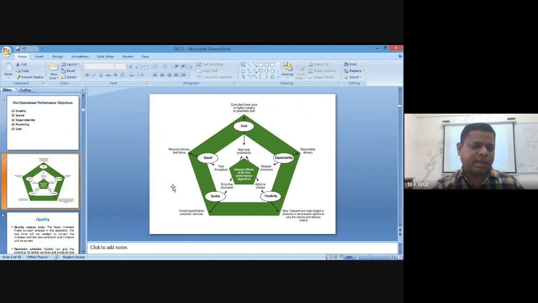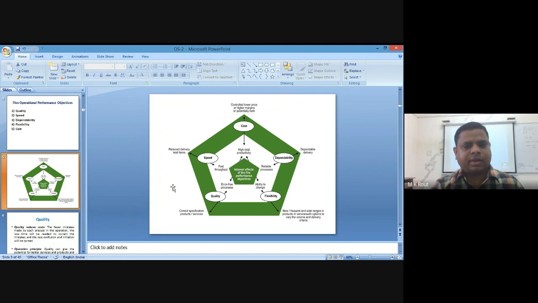Basically, from the quality point of view, most of the products should be error-free, and that should be done by error-free processes. Moving to the next part, that is speed. Basically, you have to reduce the delivery lead times. In that lead time, the most important thing considered in the internal effect of your performance objective is fast throughput.